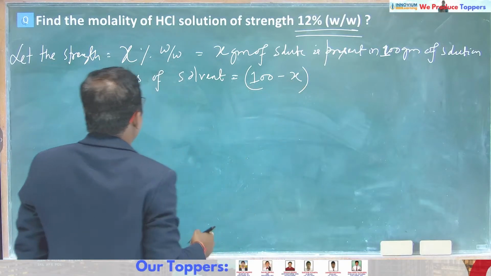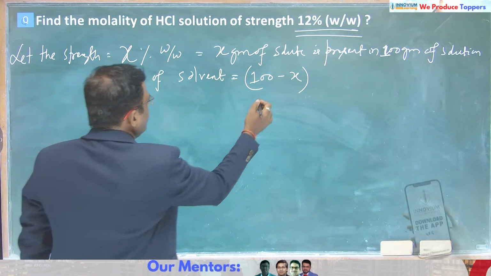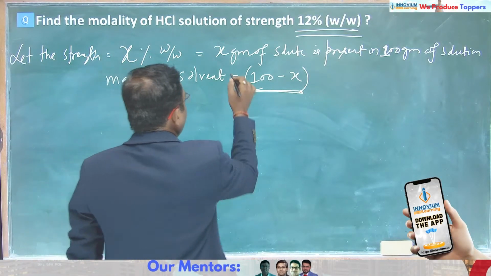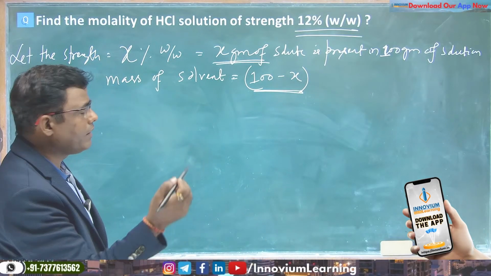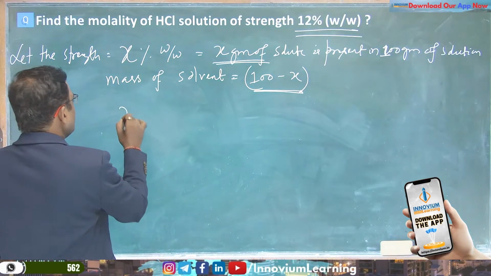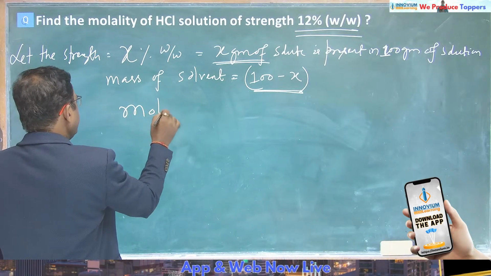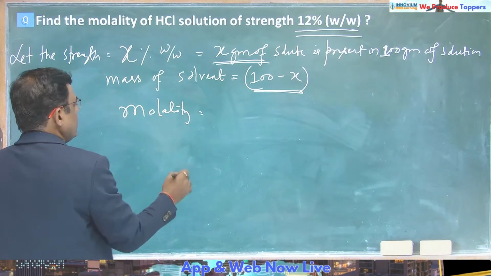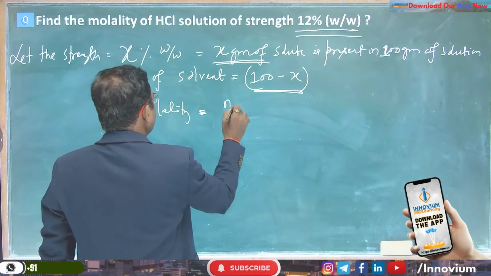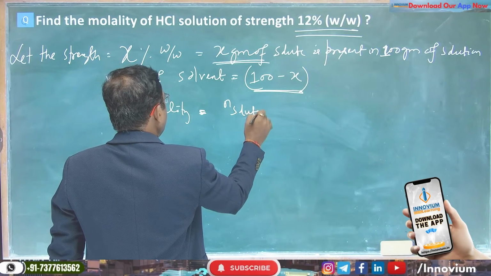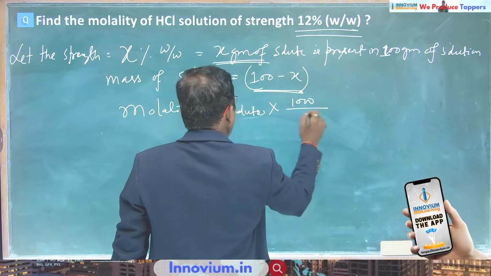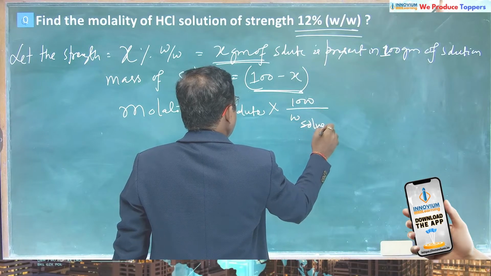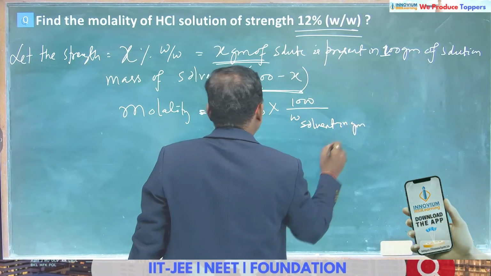Now we have the mass of solvent and the mass of solute, so directly we can find the molality by applying the basic formula. What is the formula for molality? It is equal to number of moles of solute multiplied by 1000 by W solvent in gram unit.